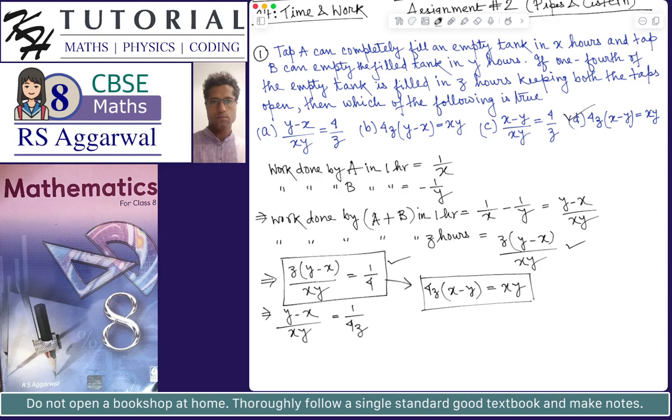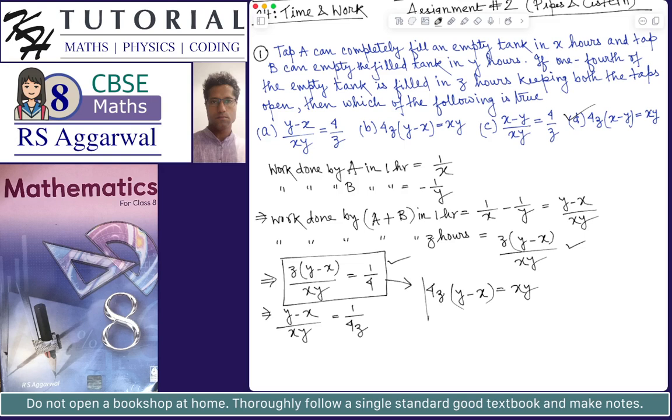So we have this relation: Z into (y minus x) divided by xy is equal to 1 by 4. From here, if you do cross multiplication, we get 4z multiplied by (y minus x) is equal to xy.